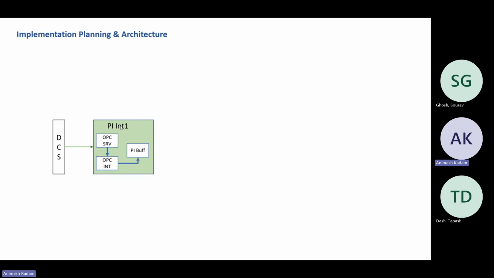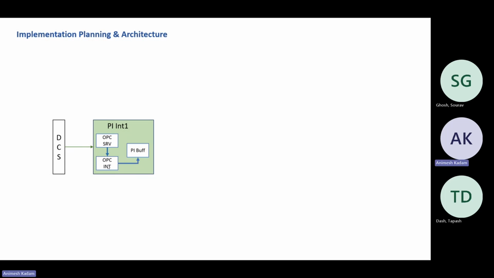Now, inside the interface, we will have two major components. One is the interface instance itself. This is the OPC server, so the data is available in the OPC server, and we are considering that. Once we install the interface, there will be an interface here. The utility that we use to configure the interface is called PICU, the Pi Interface Configuration Utility.